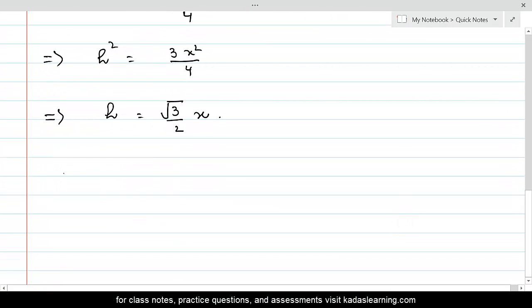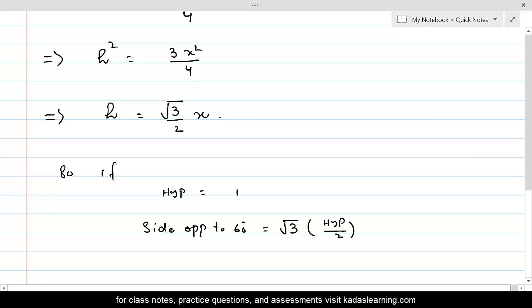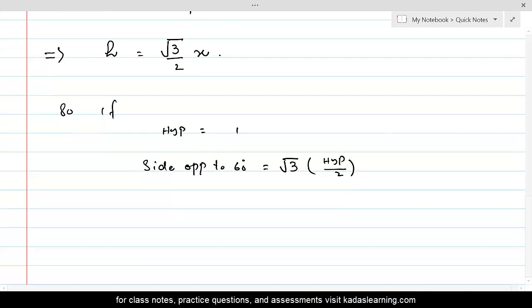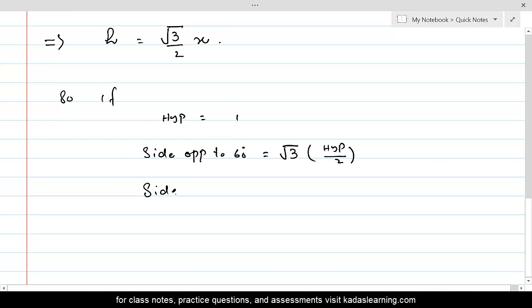If the hypotenuse is equal to 1, then the side opposite to 60 degree would be equal to under root 3 times half of the hypotenuse, and the side opposite to 30 degree would be equal to simply hypotenuse by 2.